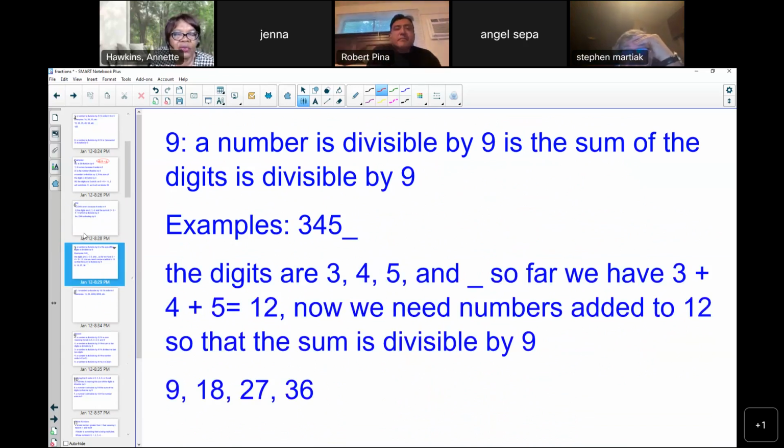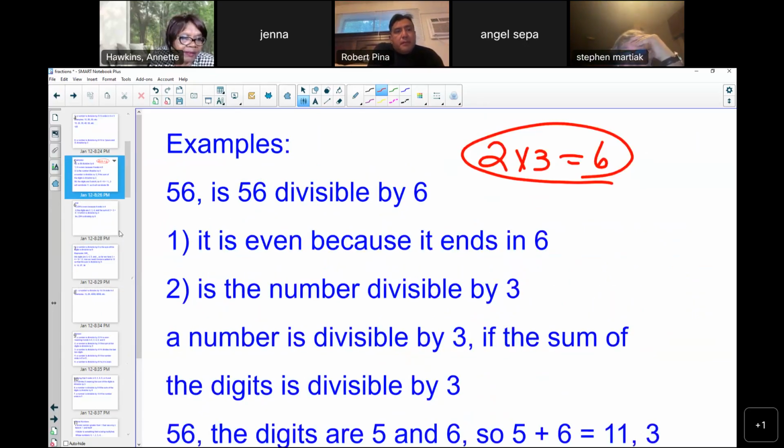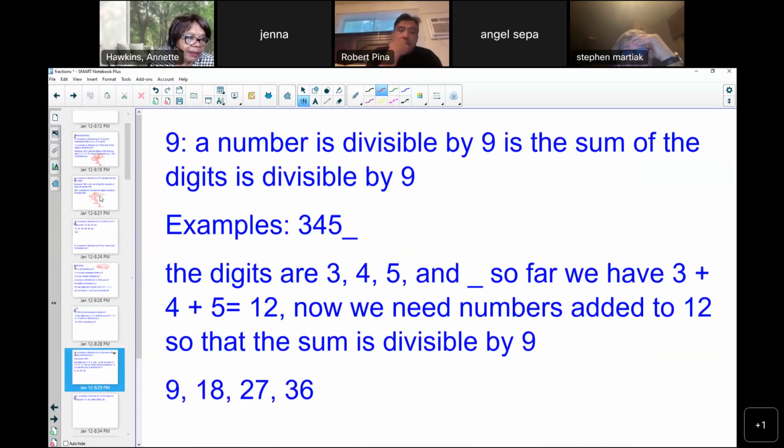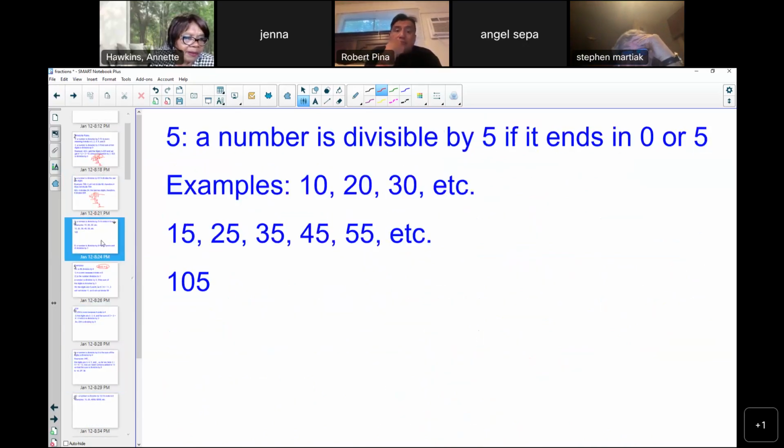So we got 2, we got 3. Let's do 5. If a number ends in 0 or 5, and then 10. If you know 2, 3, 5, and 10, you should be okay.